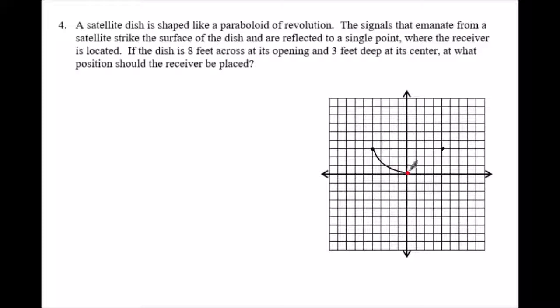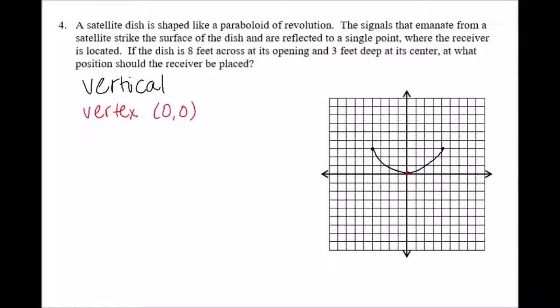So our satellite dish looks like this. We want to know where the focus is. So clearly, this is a vertical parabola. We created this so that the vertex is (0, 0). We need to figure out what p is.